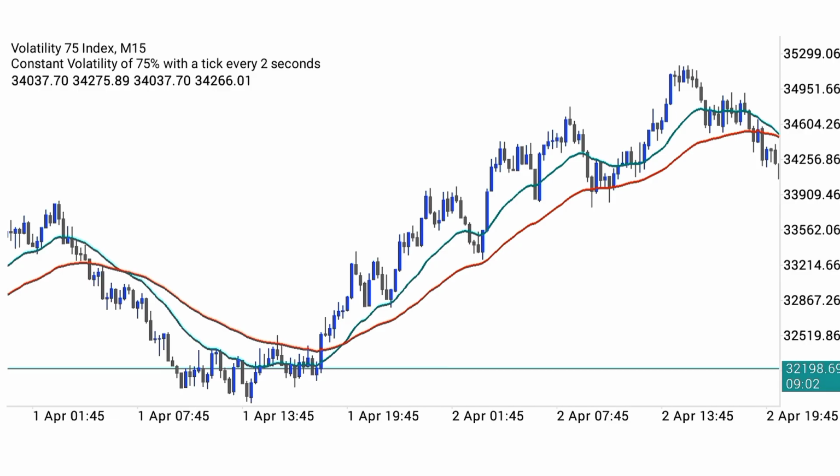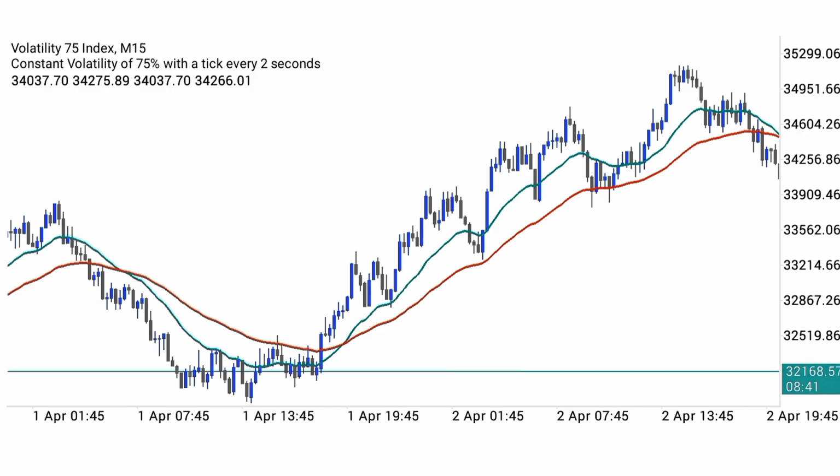This way you are very early into the trend and you will be able to make more profit than the ones that will be trading during the trend. So you are the early bird, and them they can trade at any point, but they are going to lose a lot of money. So the best thing is to be very, very early in the trend.